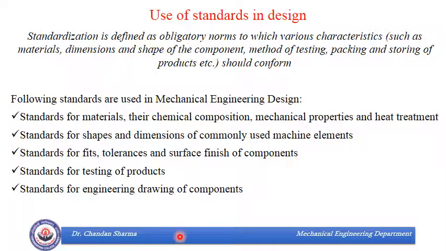For example, if we say that this component is as per so and so standard, that means the component that is being designed is conforming to the standard. It can be for material, it can be for shape, it can be for testing, it can be for engineering drawing. So a designer should make best use of the standards.